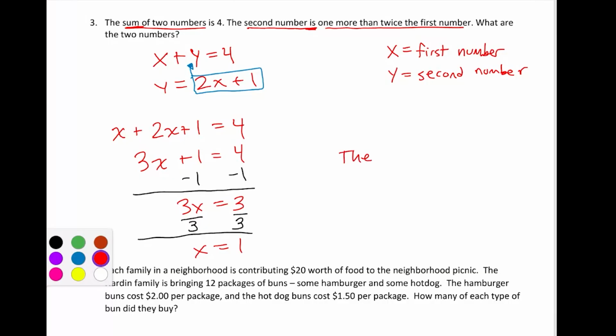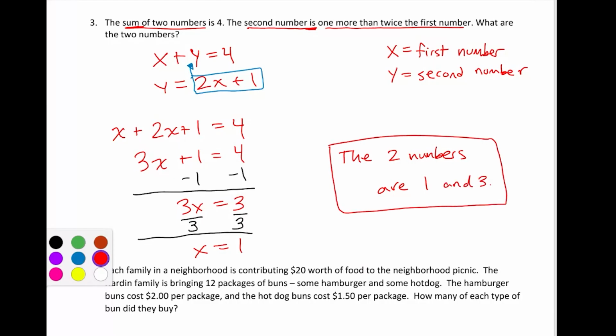So the two numbers are 1 and 3. And that second number is 1 more than twice the first number, because twice 1 is 2, and then add 1 more makes it 3. Not a bad idea to go back and check and make sure those two numbers actually work.